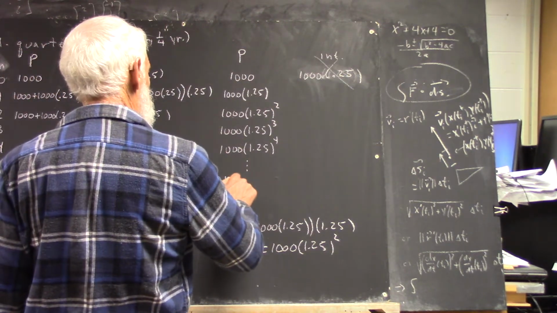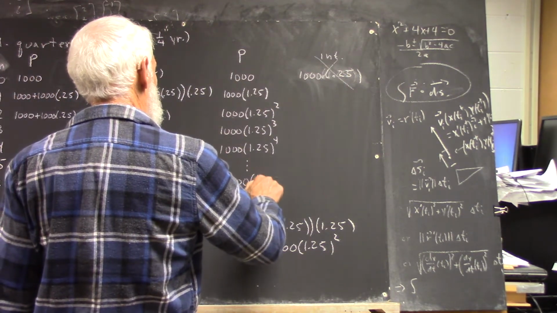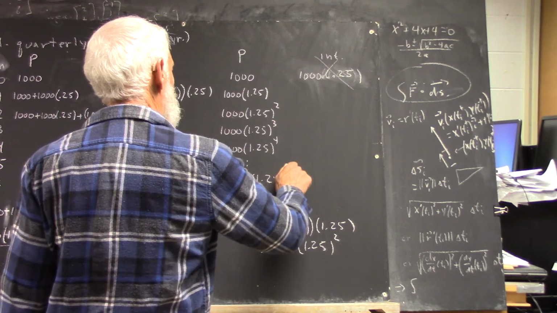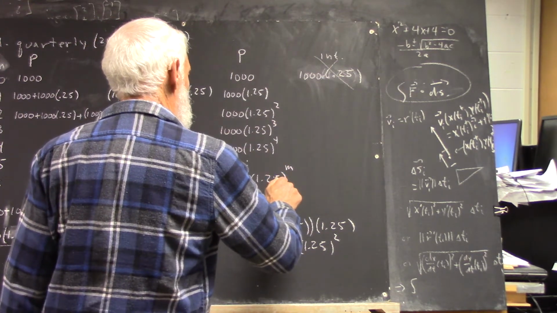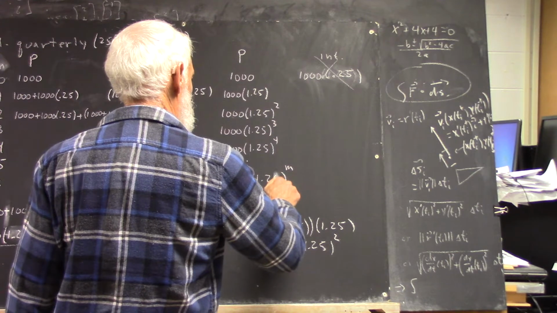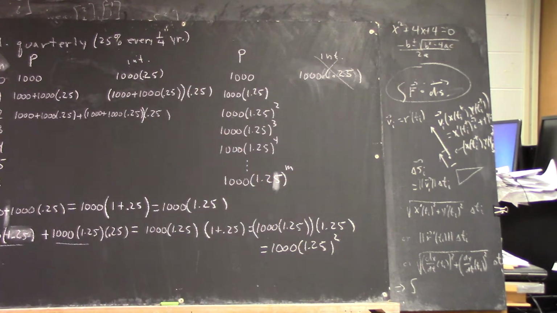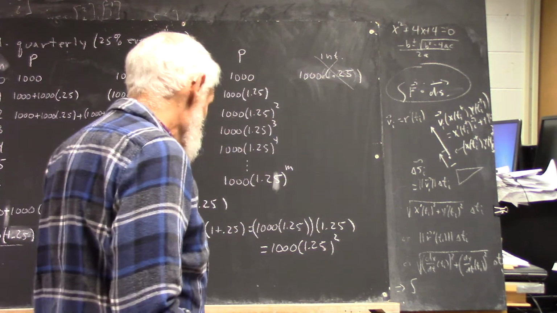So in general, this is always going to be 1,000 times 1.25 raised to the power m. So P equals 1,000 times 1.25 raised to m. But then m is related to t.